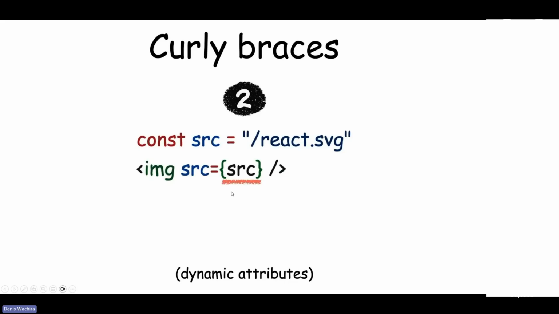The curly braces. That is what we call the dynamic attribute. You set a variable, then you give it the actual directory where your image is located. Then you pass it as a dynamic attribute in your image tag, which is the HTML tag.